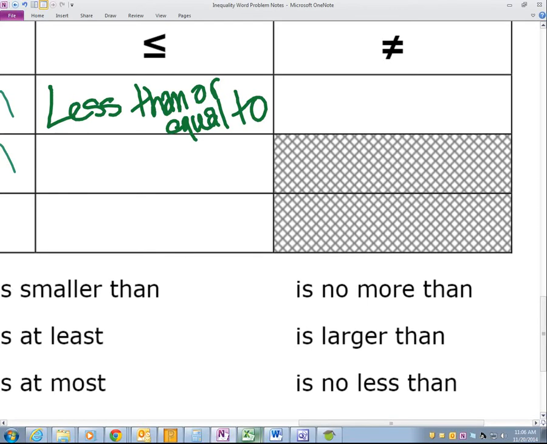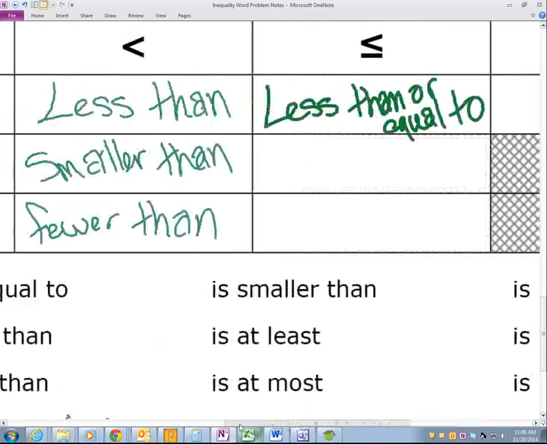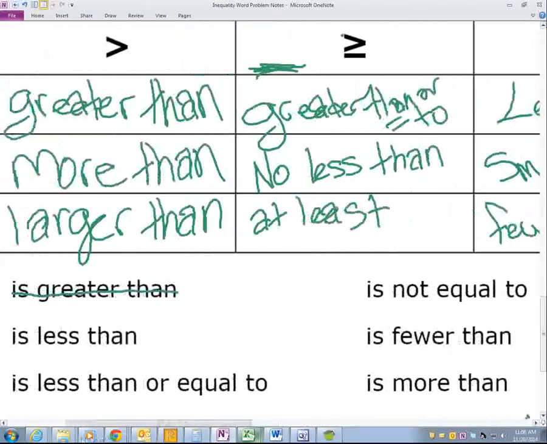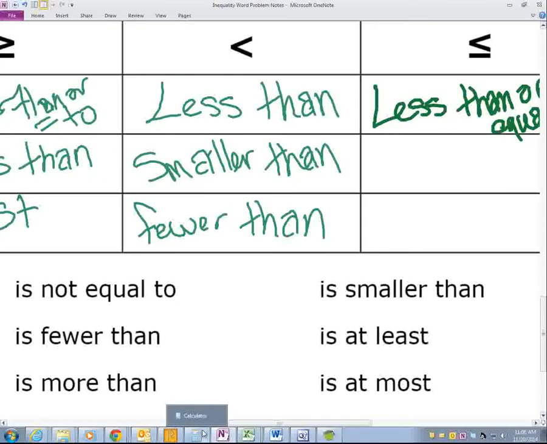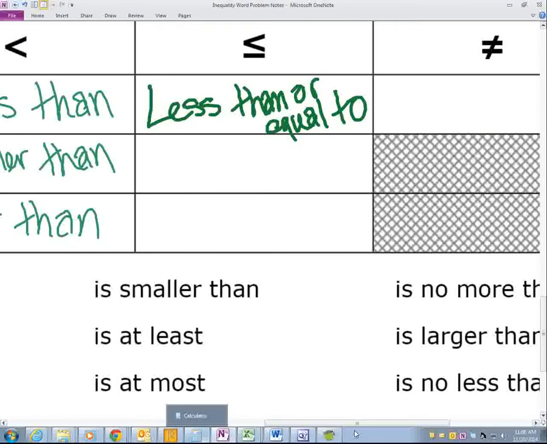Is fewer than? It's fewer than. Didn't we use that one? Yep, we used fewer than in the last one, the one before it. Look at what we did for greater than or equal to and find the comparison of that. There we go. No larger than.